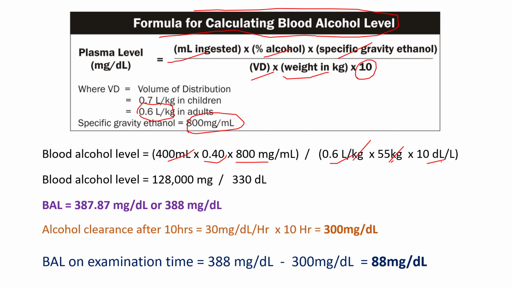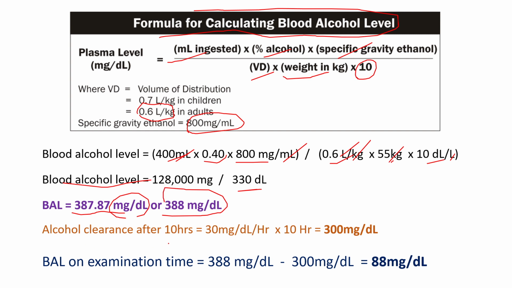What will remain is dL because the liters will also be crossed out. Here you cross out the ml, so what will be left is milligrams and dL. So the blood alcohol level of the patient is 387.87 milligram per dL, or 388 milligram per dL.